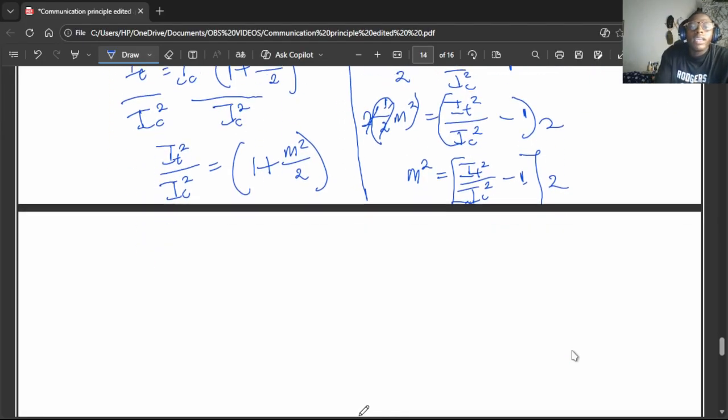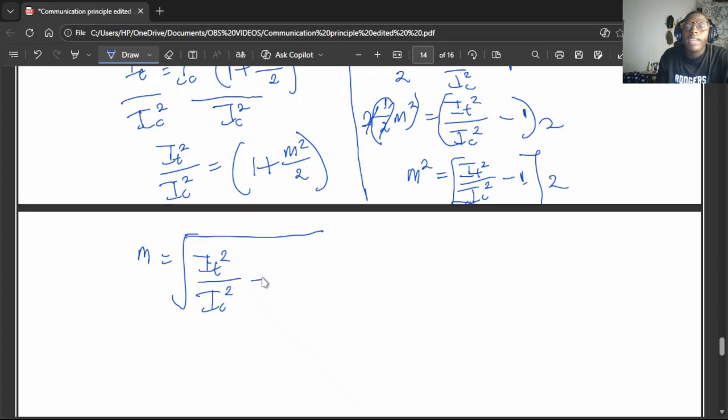If you want to simplify this further, you can have that your m will now be equal to the square root of I_t square divided by I_c square minus 1, multiplied by 2. Am I communicating?